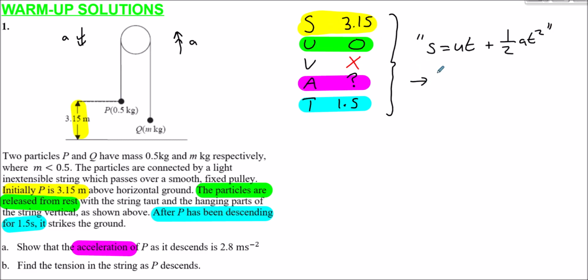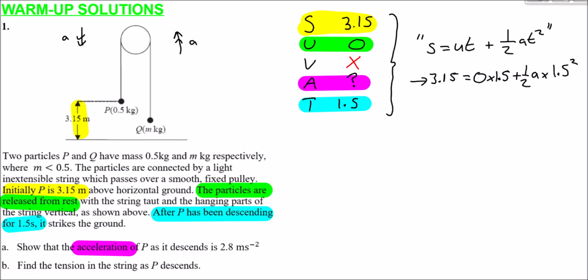So S is 3.15, U is 0, so if you really want to, you could say 0 multiplied by 1.5, but I'm hoping you'd know that this is going to be 0 anyway, so this can be ignored. I'll just include it for full working purposes. Then plus a half times A, which is what we're trying to find, multiplied by the time squared, which is 1.5 squared.